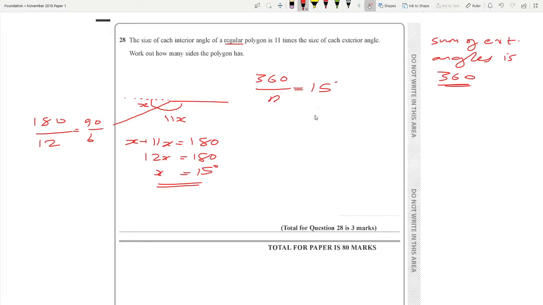So rearrange this to make n the subject. It's basically 360 divided by 15 is n. I can do my working out here.